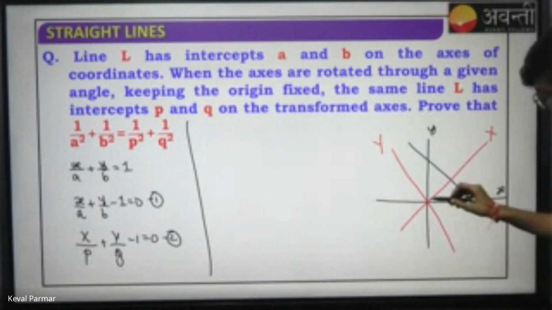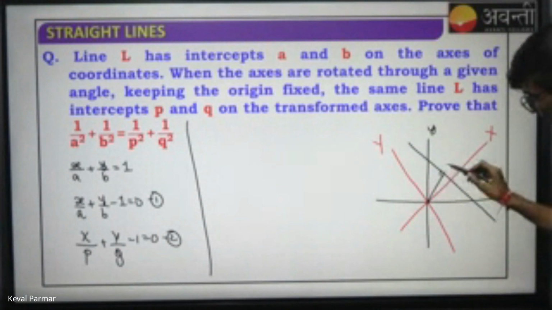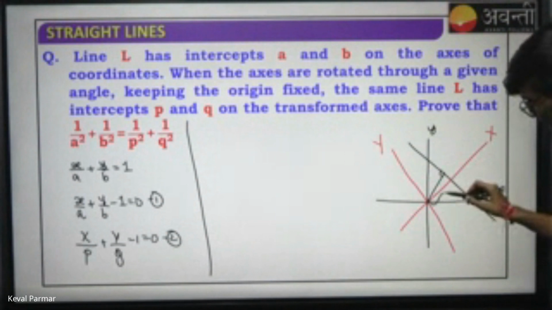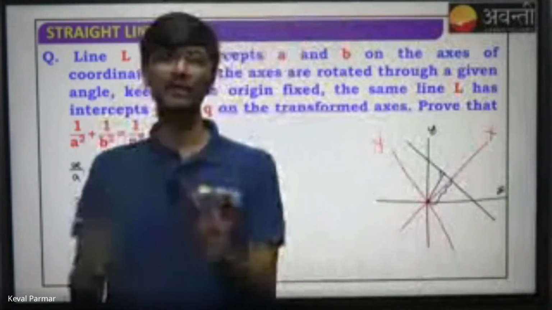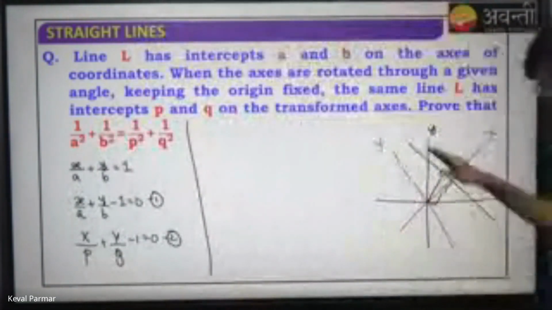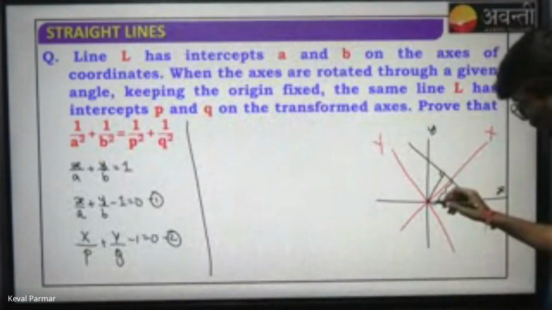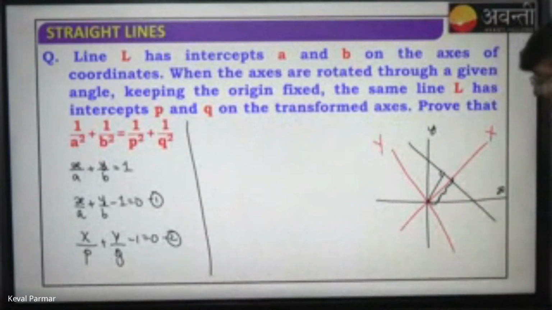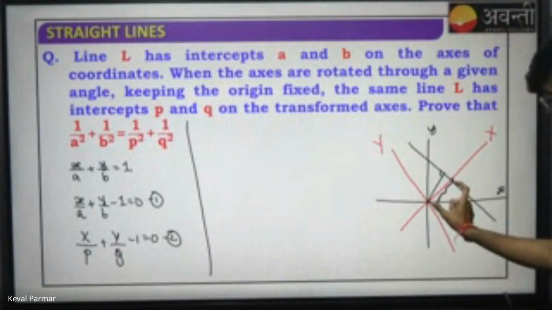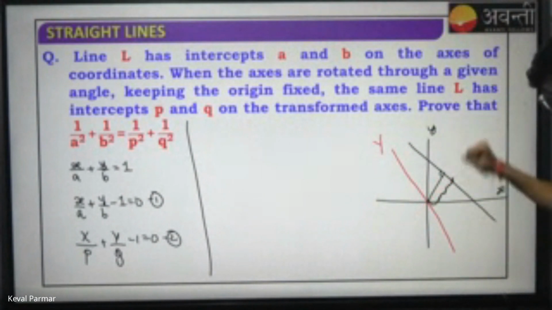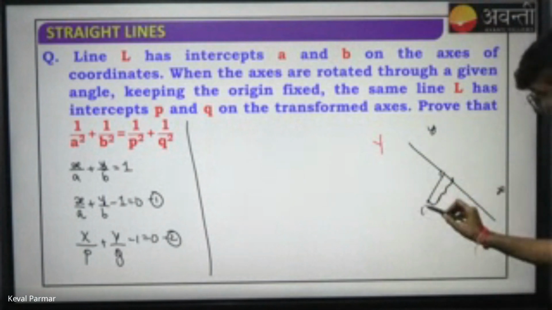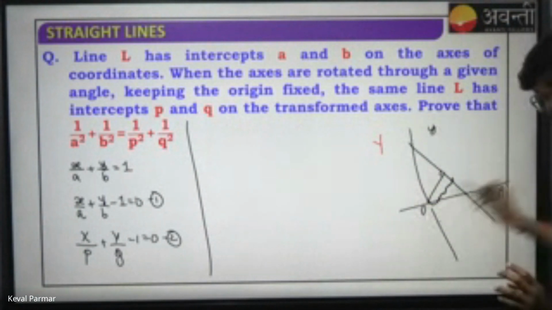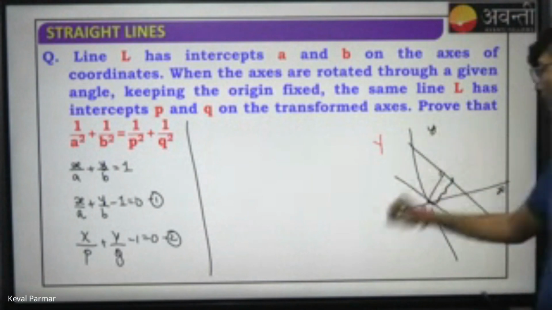Please remember, the distance from the origin will remain the same no matter how many times we rotate the axes. The line remains the same, and the distance from the origin also remains the same. Correct, guys? This distance will always remain the same because it is the distance from the origin, no matter where the axes are. Correct? So let me rub out this diagram.